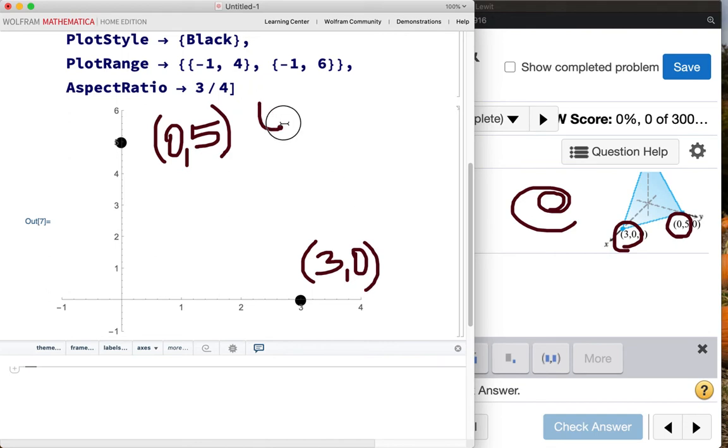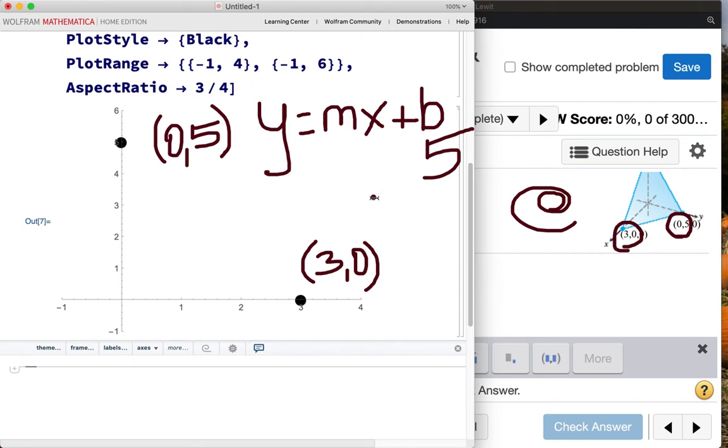We know the equation is going to be y equals mx plus b. Well, we know b is going to be 5, because whenever x is 0, y is equal to b. And how do we figure out the slope? That's going to be easy.